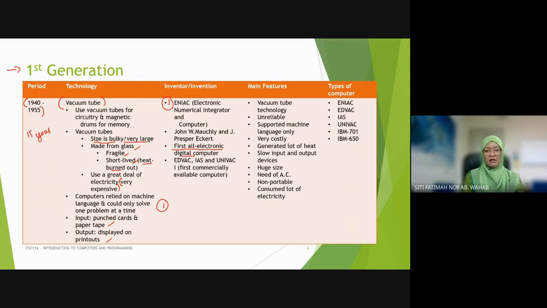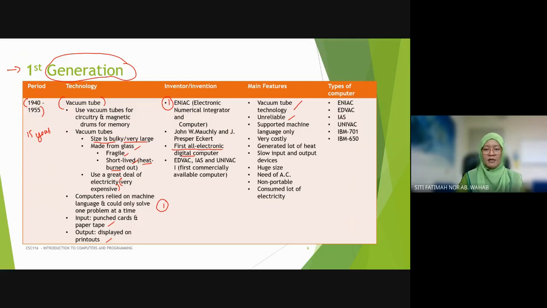And then we have EDVAC, the IAS, and also the UNIVAC 1 that is known as the first commercially available computer. So what are the main features of the first generation computers? Okay, first, it uses the vacuum tube technology.